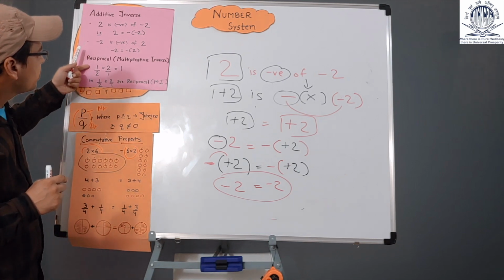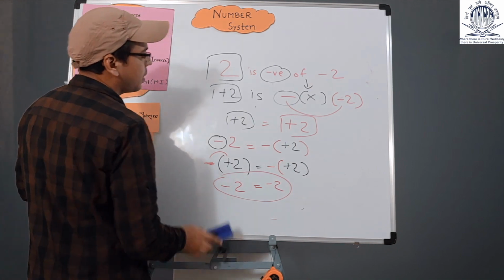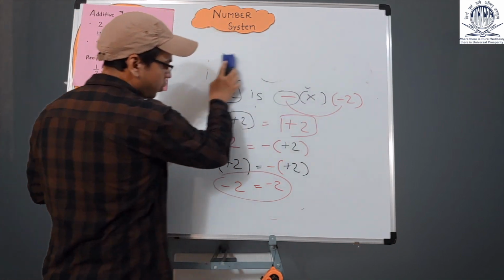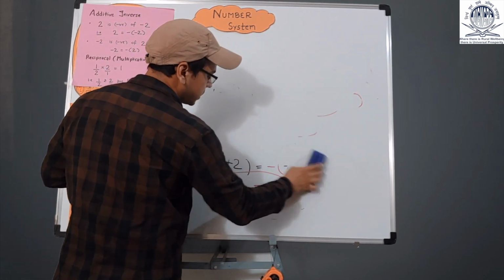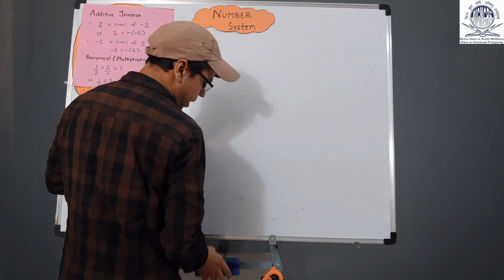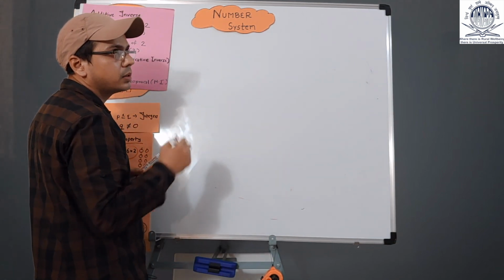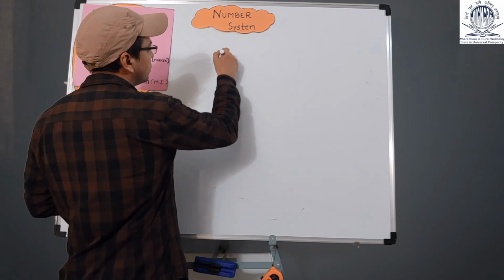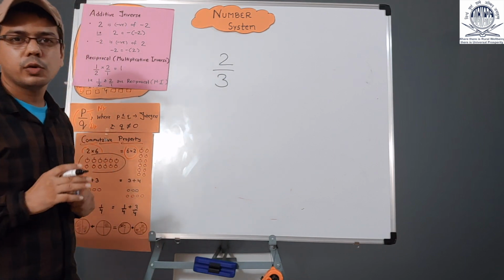We also have the reciprocal, which is also called the multiplicative inverse. Now let's take an example of that, and let me make room over here. Let's say I have a number 2 by 3.